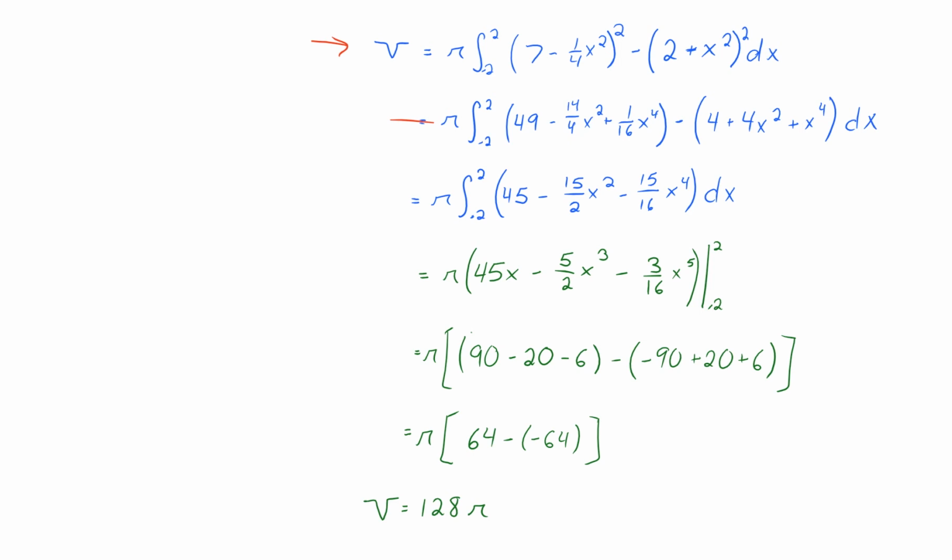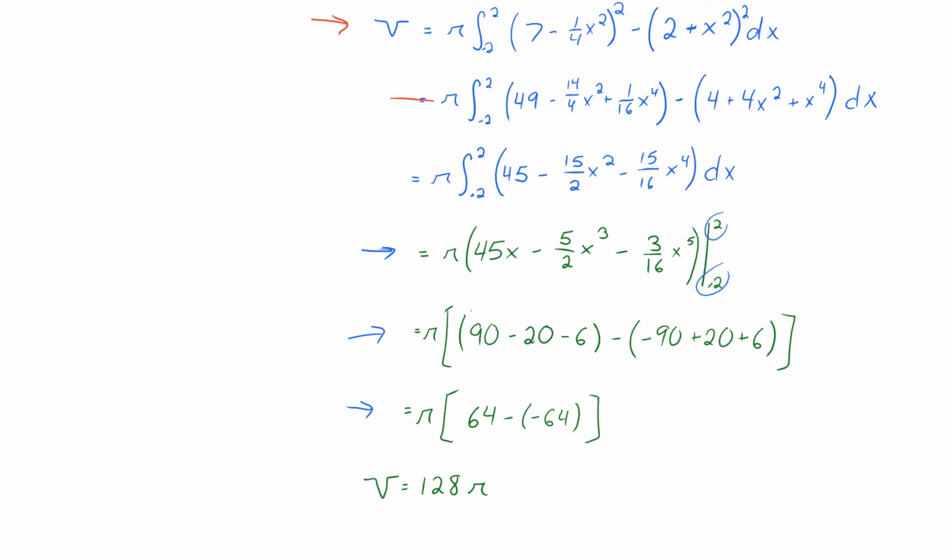Once I had it combined, it's just using the power rule, a whole bunch for integration, and then I had to evaluate at 2 and negative 2 like here, and then just combining some like terms. And finally, pi times 64 minus a negative 64 is pi times 128, which means the volume of my solid is 128 pi units cubed. And that right there is the final volume.